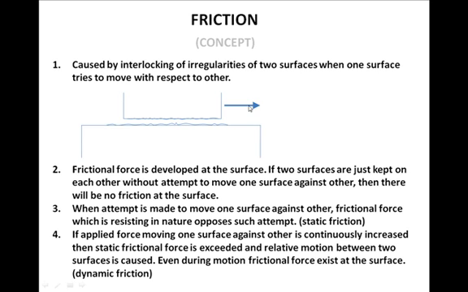Whereas if this applied force, moving one surface against the other, is continuously increased, then the static frictional force, which is here, is exceeded and relative motion between the two surfaces is caused. But even in motion, frictional force does exist at the surface, and then we get into dynamic friction. This is the broad concept of friction.